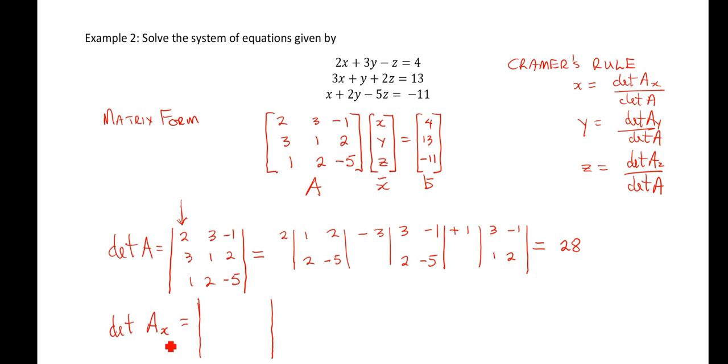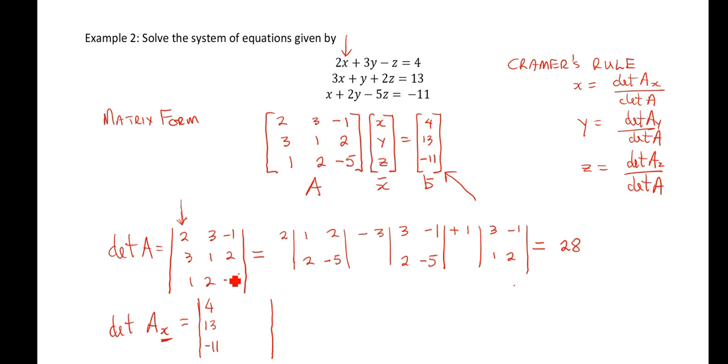So if I want to find determinant AX, X is the first column. So I take the constant vector, remove the first column, and put the constant vector in the place of the first column, which is the coefficients of X. So it will be 4, 13, minus 11.